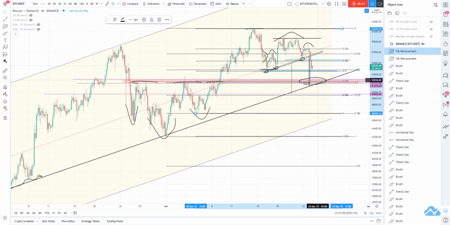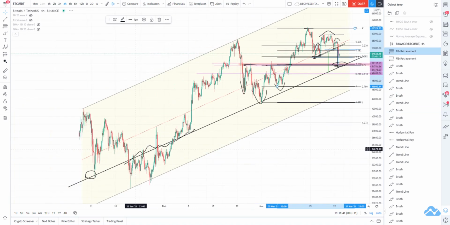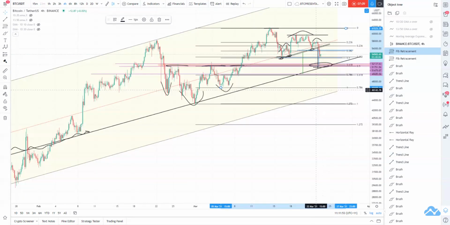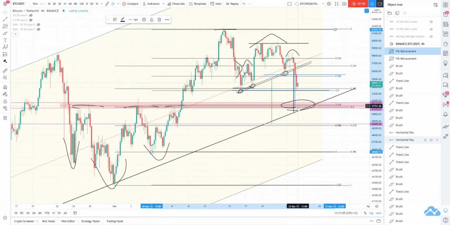So it gives us a business case for why this is a good area to jump in. In addition, as I said, this channel, so now this trend line comes into play, and you can see many times it was resistance and support. So we've got three elements that tell us you jump in here and go long.